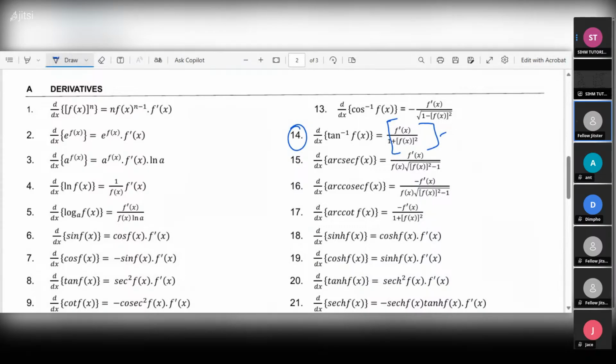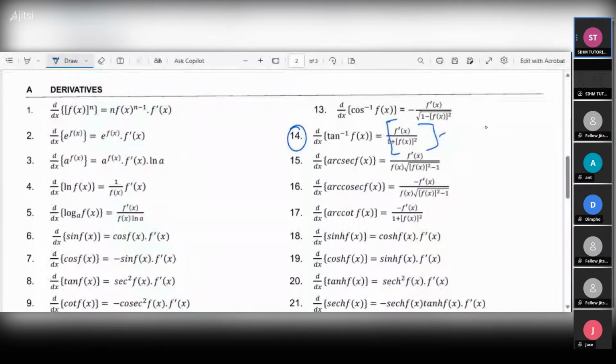Do you have a question? It's fine. So as I was saying, we need to derive the function of the inverse, and then divide all by 1 plus the square of the function. So if you can check here, we need to use the formula from the sheet.